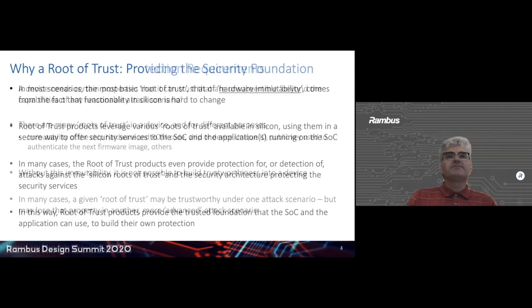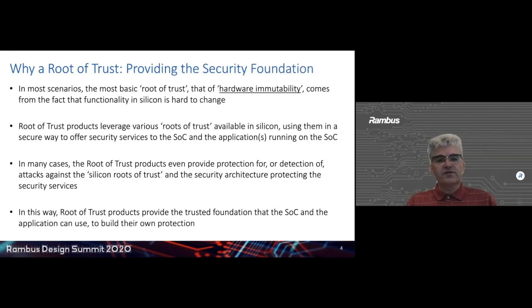A couple more aspects on why a root of trust provides that security foundation. As said, in most scenarios, the most basic root of trust, the one of hardware immutability, comes from the fact that functionality in silicon is hard to change.